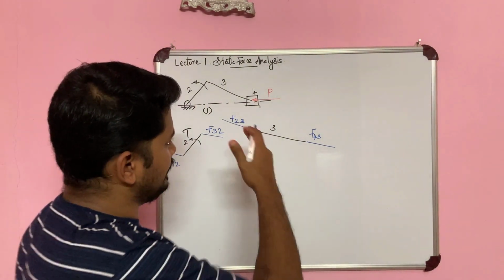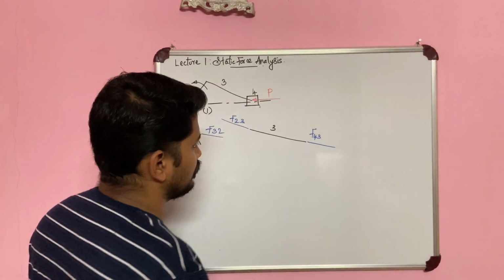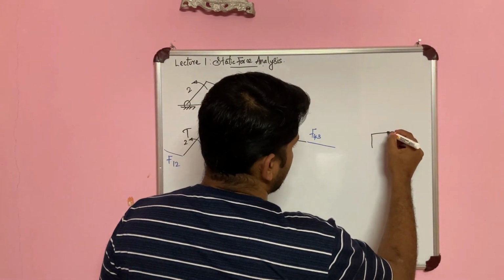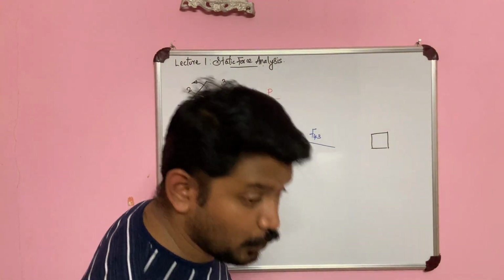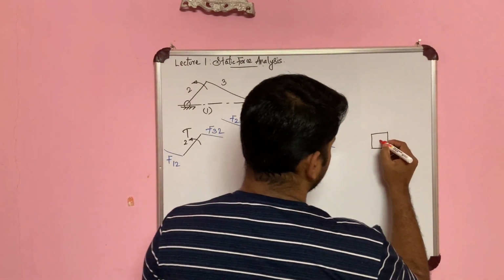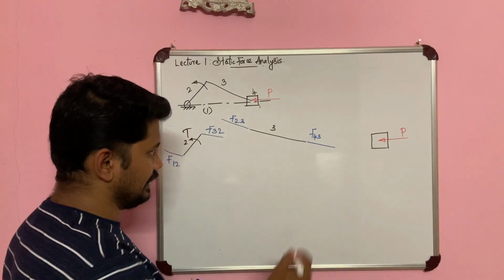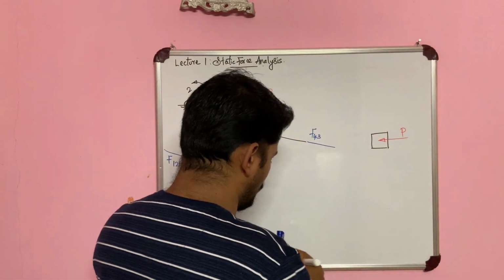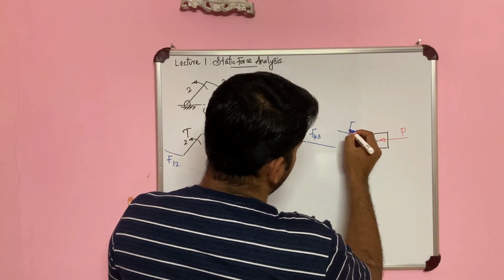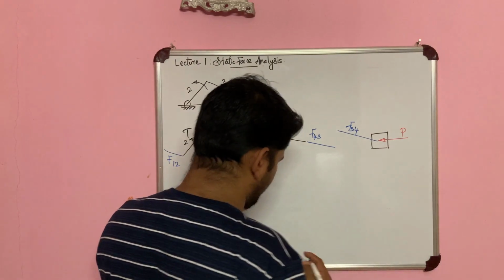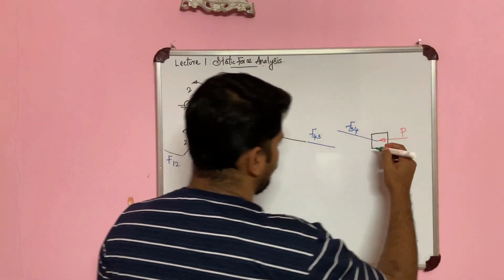Now if I take my fourth link, which is the slider, I have a known force P acting over here. And then I have F43. When it comes over here, it becomes F34, and I also have an F14.